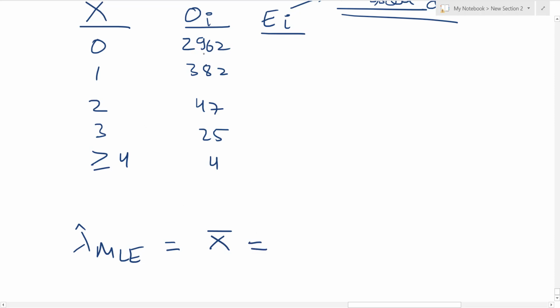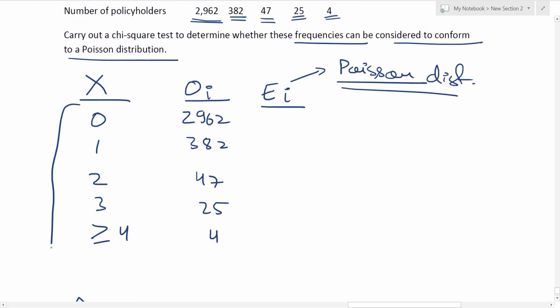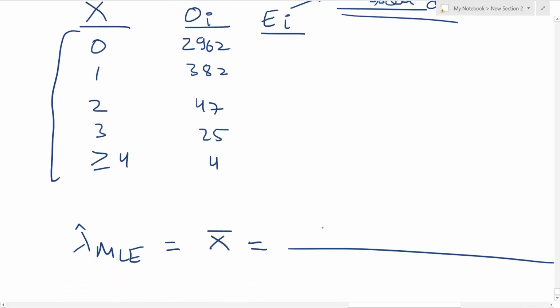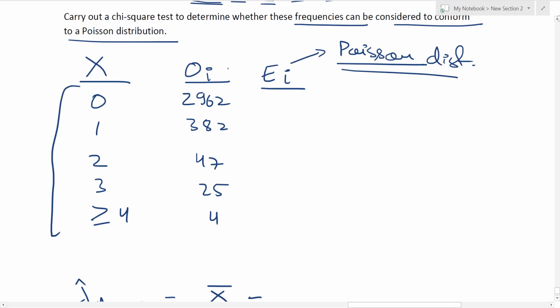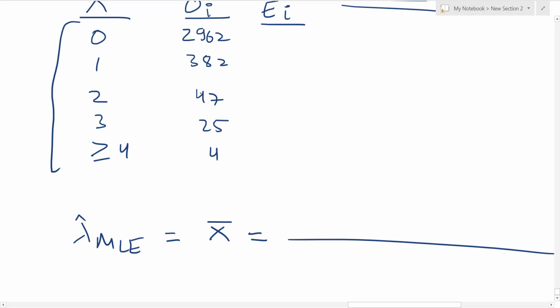So I can calculate X bar. How do I calculate X bar? I will have to calculate X bar based on this data itself, the observed frequencies. So my X bar will be a weighted average. These are the frequencies, the observed frequencies, right? So frequency times X divided by the total number of frequencies.